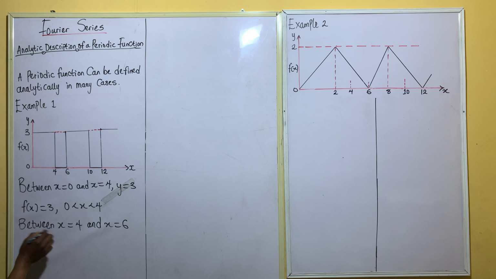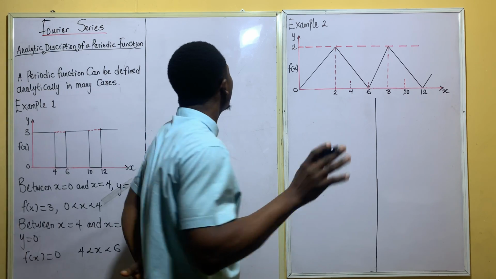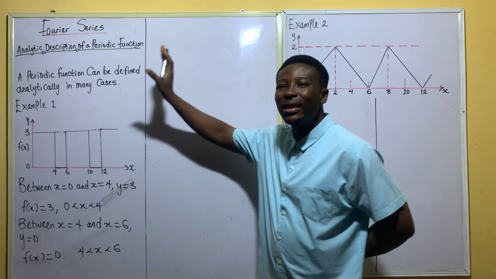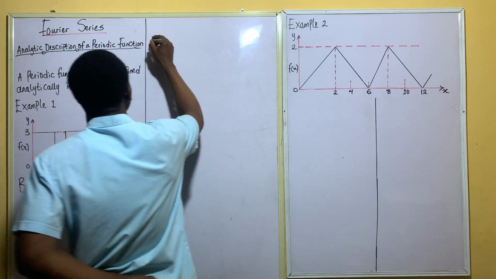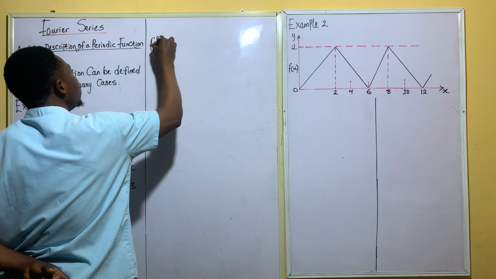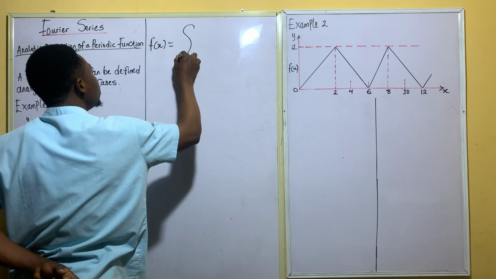Between 4 and 6, our y is equal to what? 0. That implies that f of x is equal to what? f of x is equal to 0 between the values of 4 is less than x is less than 6. Now, that means we're going to write it now in a more arranged form. It's going to become that f of x is going to be equal to this.